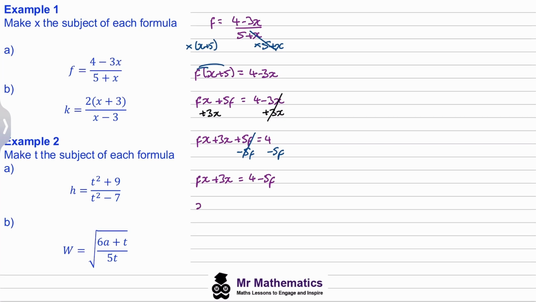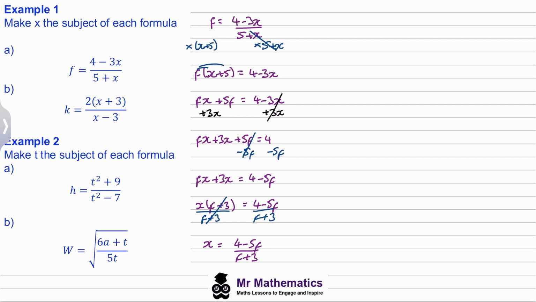So we can have x multiplied by f plus the 3. But when you expand this out, we get this term. And this will equal 4 minus the 5f. So then finally, if we divide both sides by f plus 3, this multiplication and division will cancel. So we're left with x will equal 4 minus 5f over f plus 3.